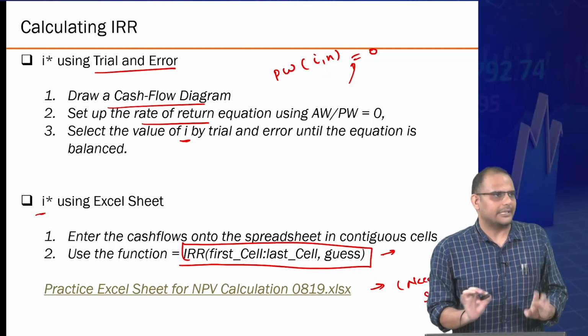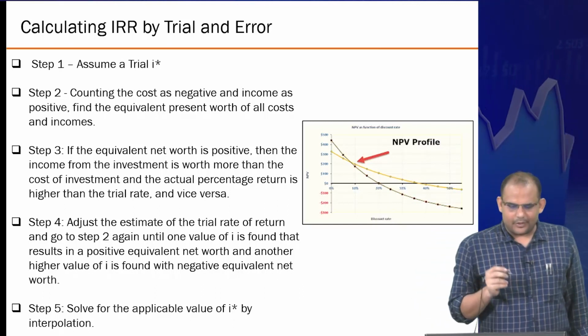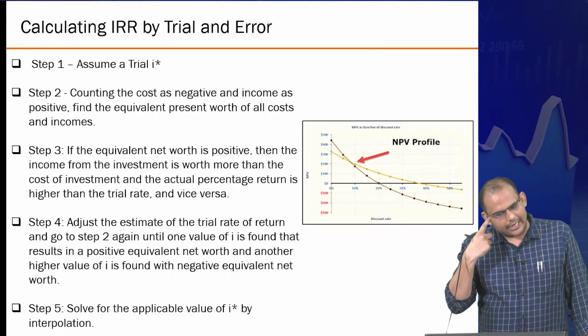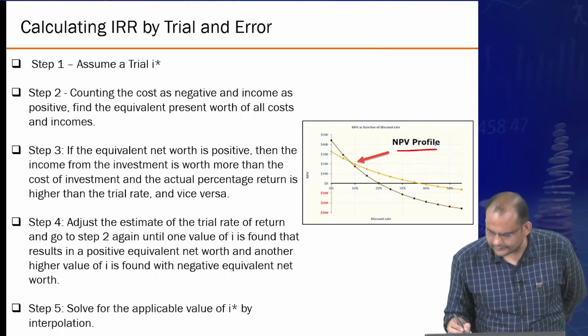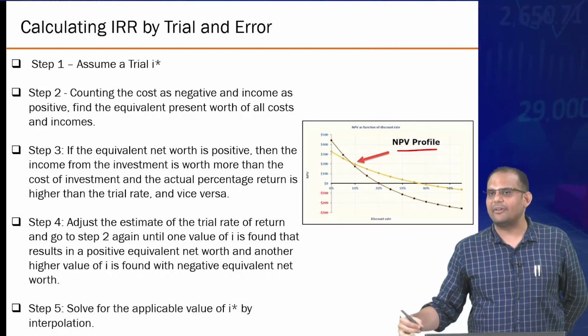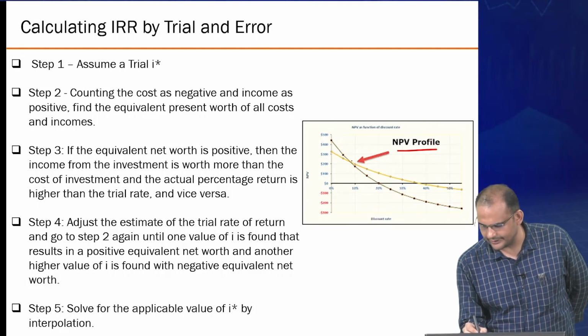But there is a method. Okay. So, let's see how the IRR calculation happens by trial and error. A generic IRR profile or an NPV profile looks like this. There is some sort of a decline.